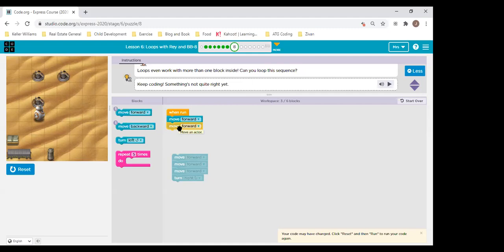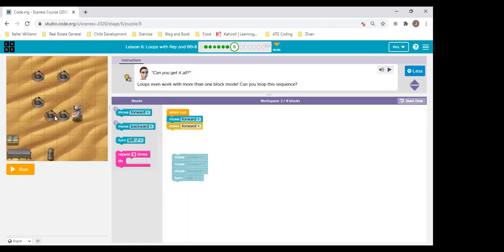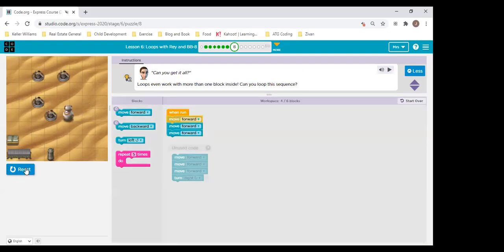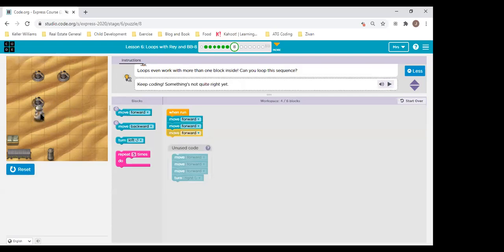Okay, so up is also, oh, 1, 2, but do you see before we go up, we have to move one more. Okay, so we're going to have to move 1, 2, 3 times. Do you see that? Look, if I run it, 1, 2, 3. Okay, now BB8 needs to turn up. Which way is up? Is it left or is it right?